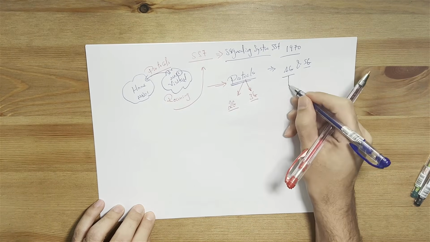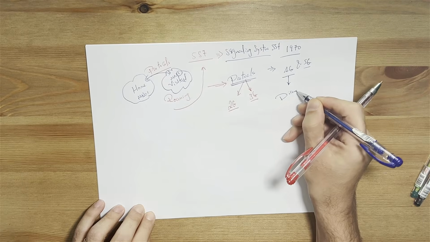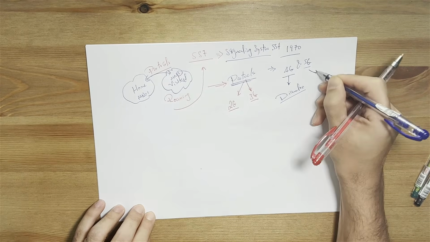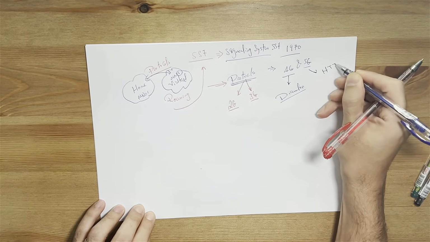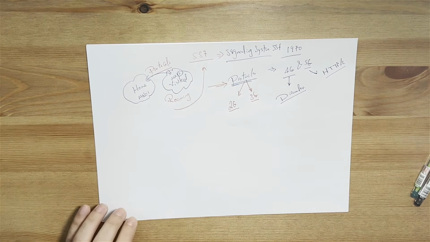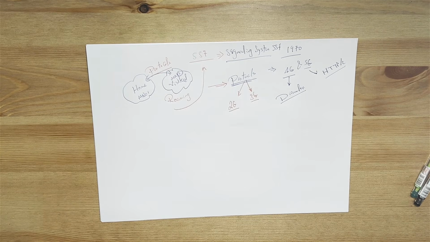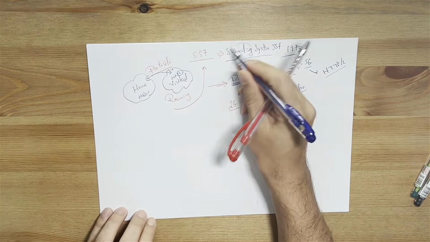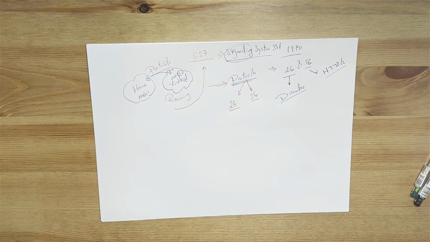For example, in 4G you are using the Diameter protocol. In 5G, you are using HTTP/2. And here we are talking in general about SS7 as the exchange of signaling messages on the control plane.